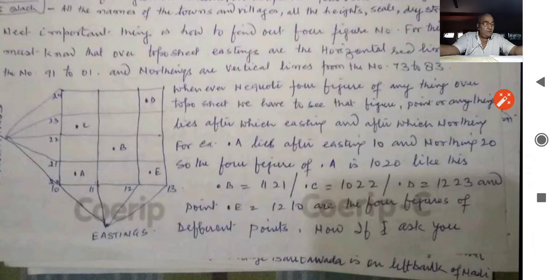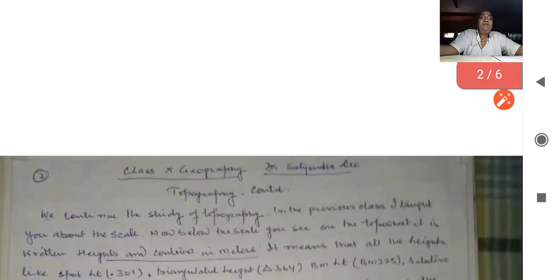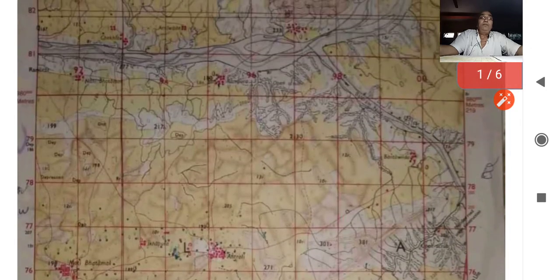These are the 4 figures of different points. Now, if I ask you what is the 4-figure of following things on the topo sheet, you can see in the topo sheet, these topo sheets are given in your books also.